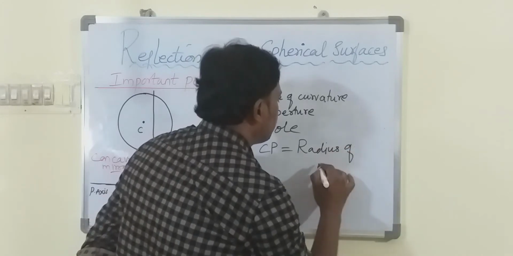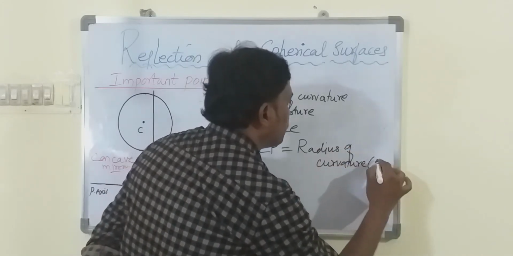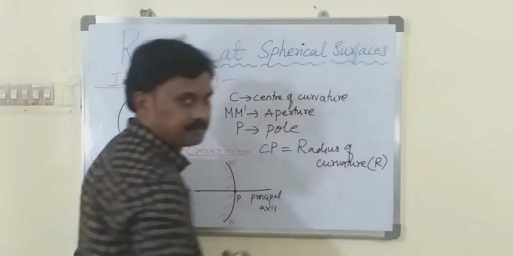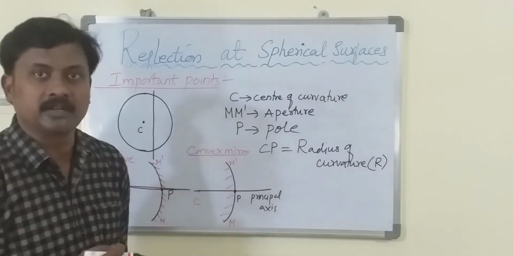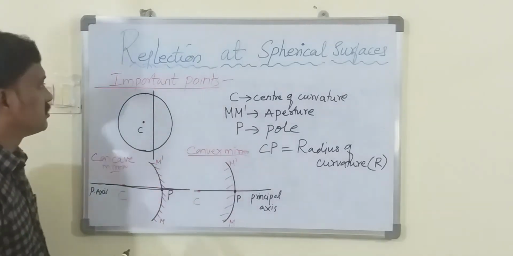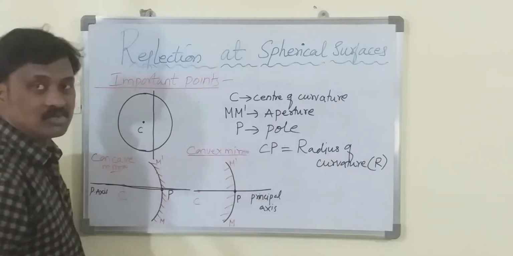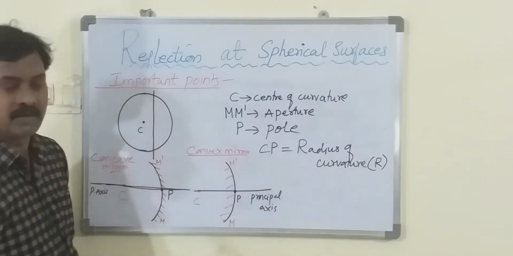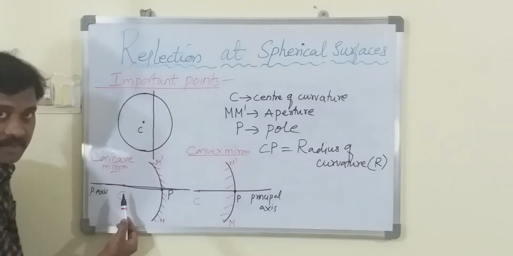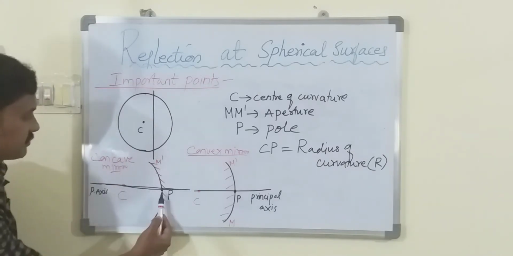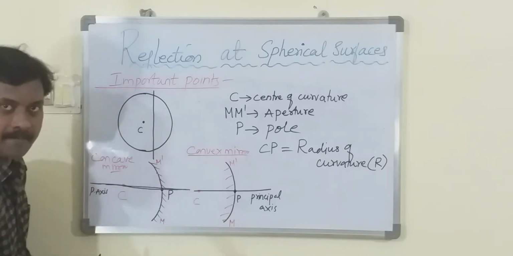The radius of curvature is denoted by the letter R. So we have learned about the center of curvature, aperture, pole and radius of curvature. You have to keep in mind the center of curvature is always towards the left in the case of the concave mirror as well as the convex mirror.